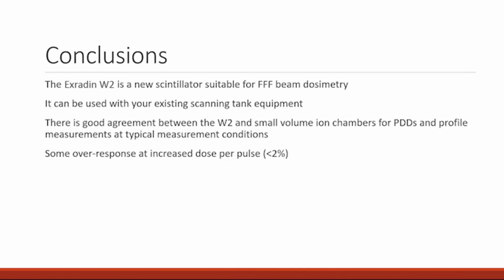We also found that some of the smoothing effects on the W2 data, because we didn't have a reference detector to account for the normal beam fluctuations, and because of the smaller volume, the data were noisy, and when we applied some of the correction factors, it actually altered the shape of the profile.